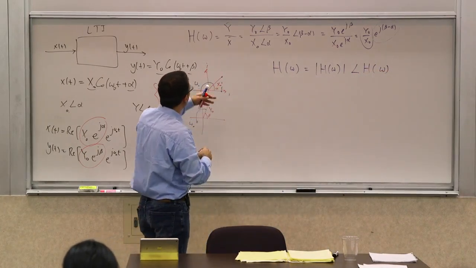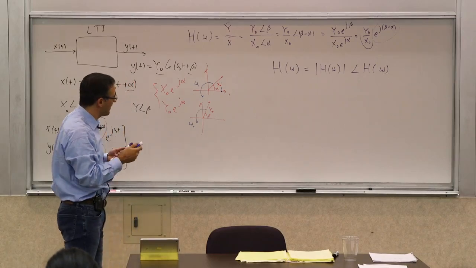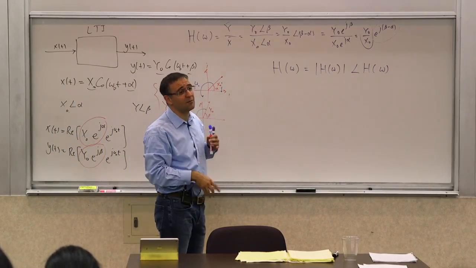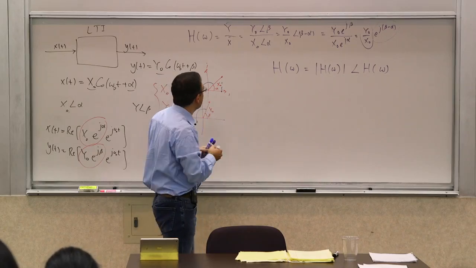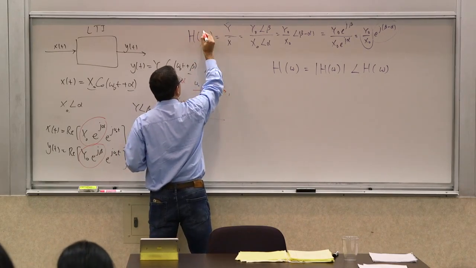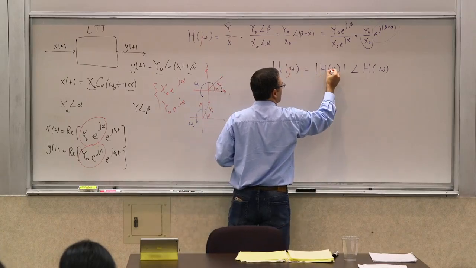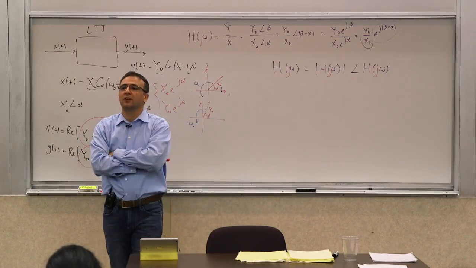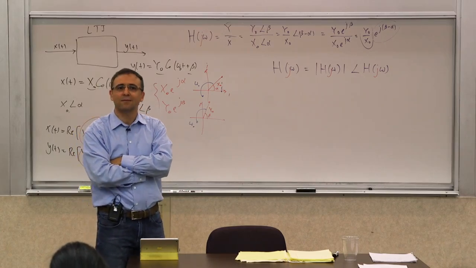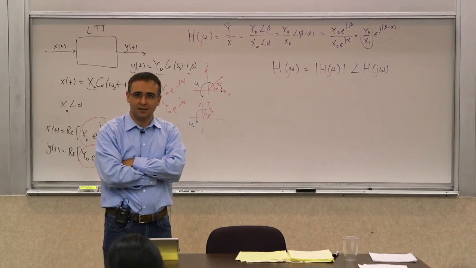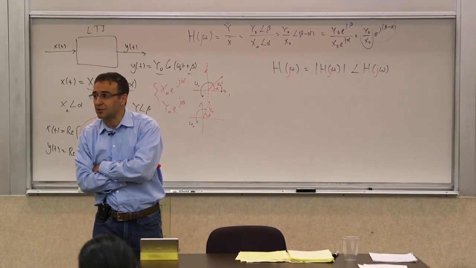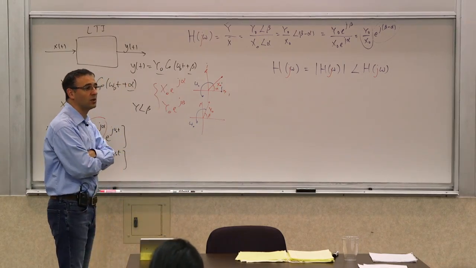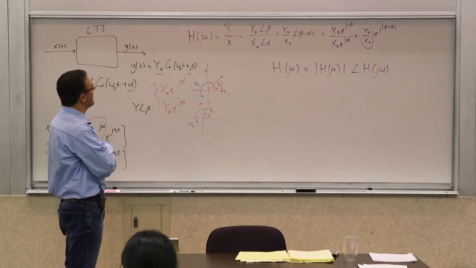Now, sometimes it would make sense to write it this way. But it would actually make even more sense, and makes it consistent with everything else, if you write it this way. So it's not only a function of omega, it's a function of j omega. When you say that, you're saying more actually about it, right? You're restricting it more. Now, why did I put that j omega there?